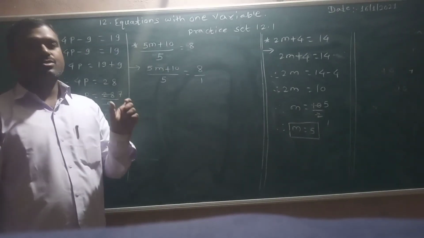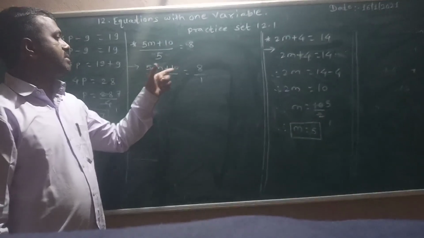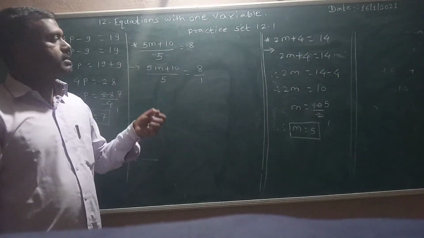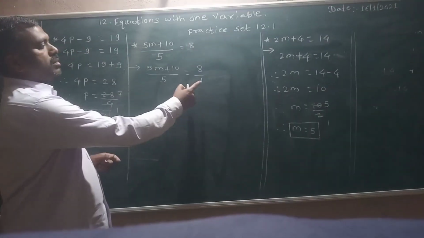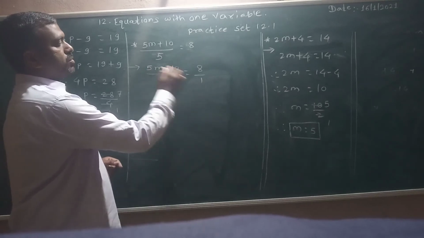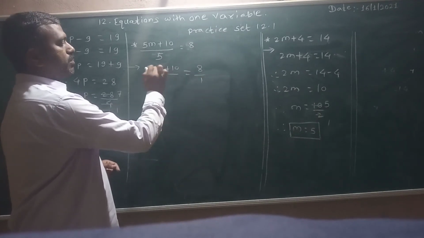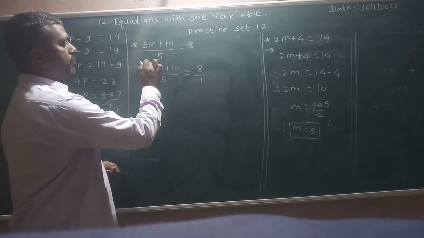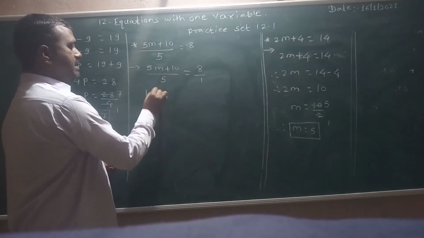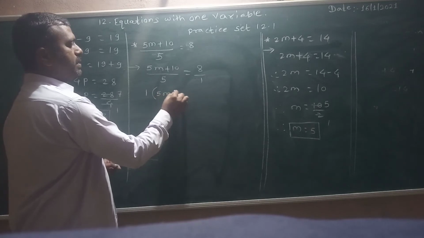Here we can solve by different methods. This equation is solved by different methods. The first method is cross multiplication. 5m plus 10 is multiplied by 1, that means 1 inside bracket 5m plus 10.